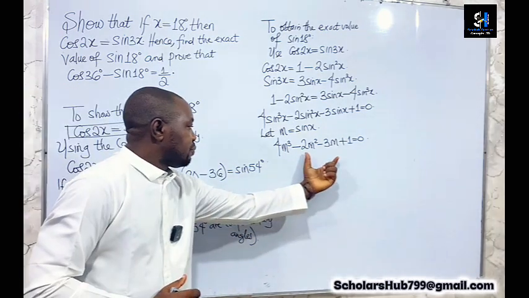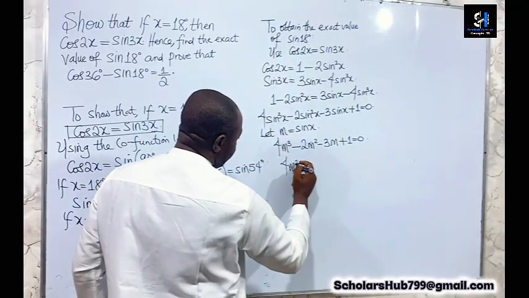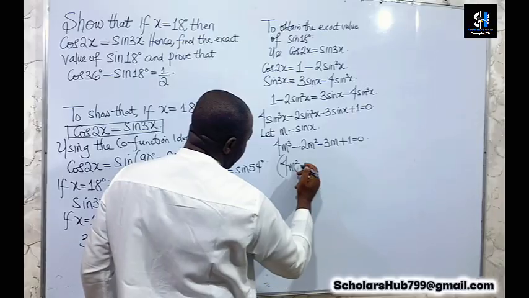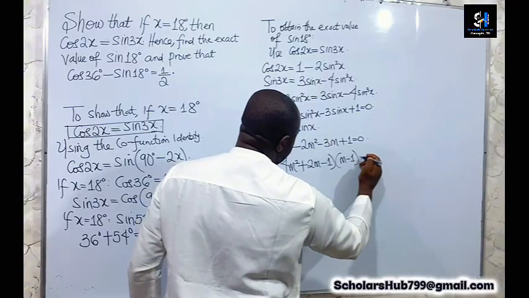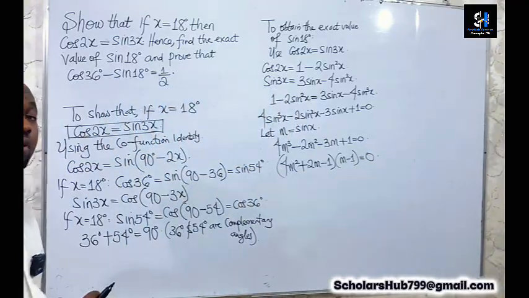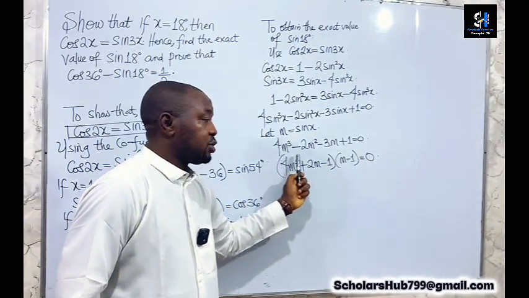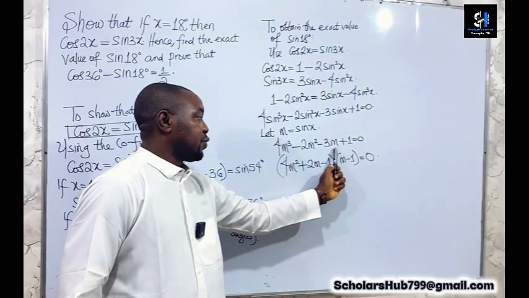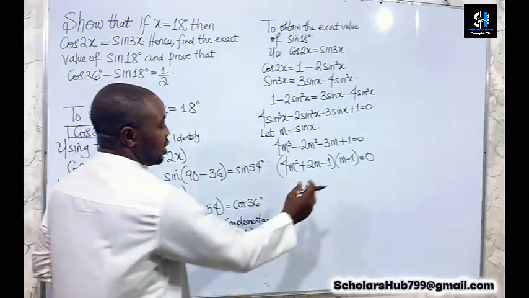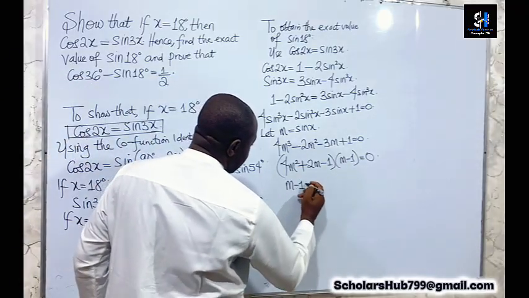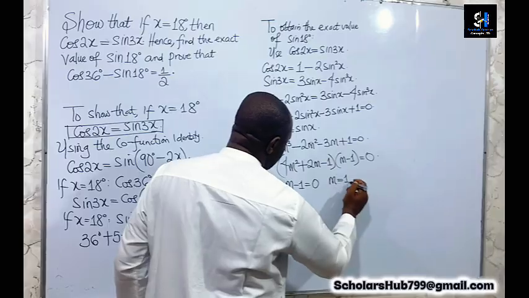The expression on the left hand side in factored form will be 4m squared plus 2m minus 1 multiplied by m minus 1, all equal to 0. The product of this will give us 4m cubed minus 2m squared minus 3m plus 1 equals 0. All right, so now we know that if we set m minus 1 equal to 0, we're going to have m equal to 1.